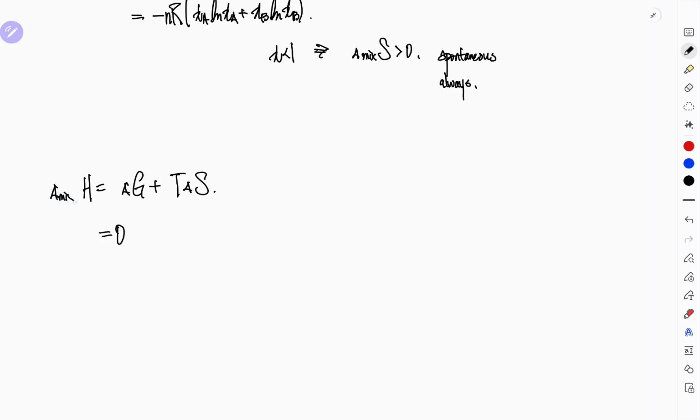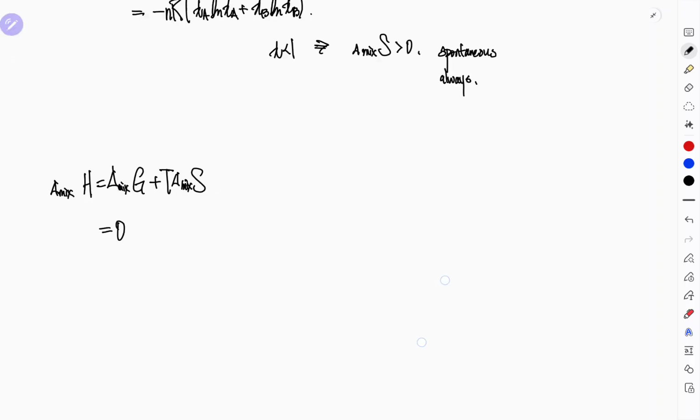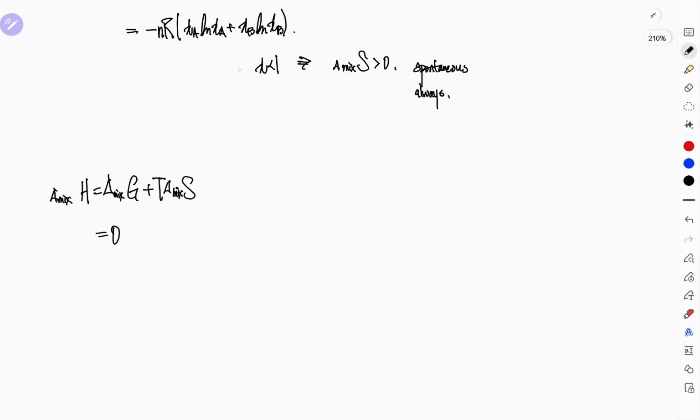So for the mixing process, this means that there is no enthalpy change when two perfect gases that have no interaction are mixed without a volume change. So the driving force of mixing comes from the increasing entropy, as matter is distributed, not from decreasing energy.